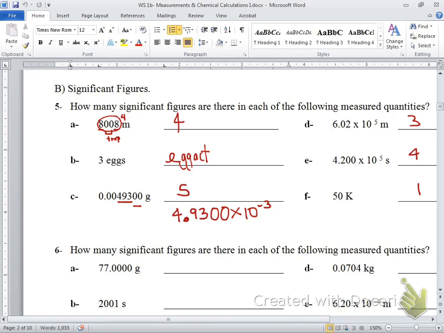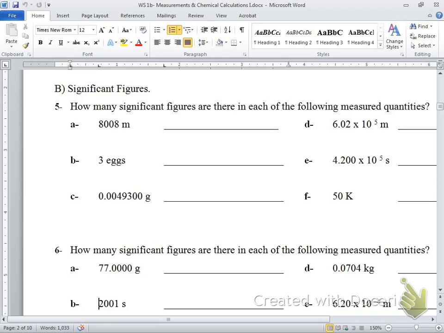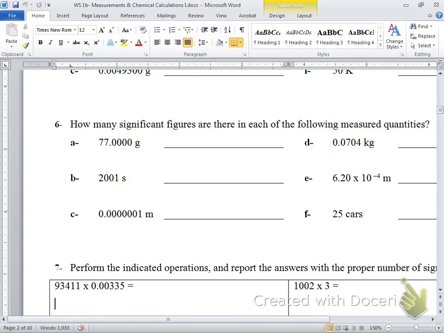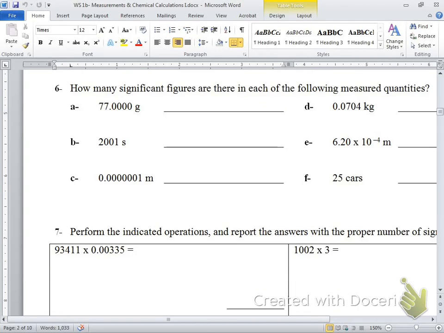Okay. Let's do the next. Oops, I'm hitting the wrong key. We're just going to quickly go through these, and I'm not going to write on the board. A is 6: 1, 2, 3, 4, 5, 6.